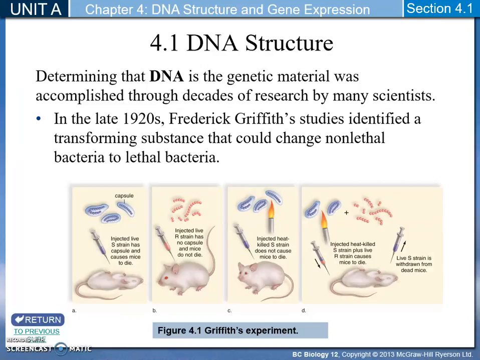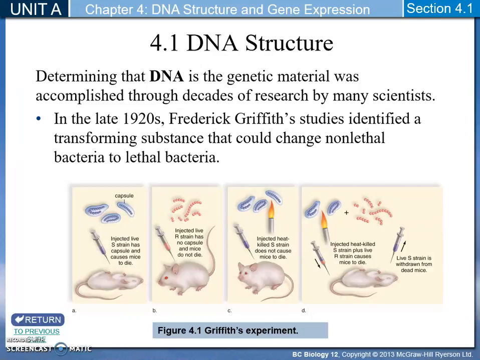However, when they took the heat-denatured S strain and added the R strain that had no capsule and injected both of them into the mice, it caused the mice to die. Now, this was a very surprising result.